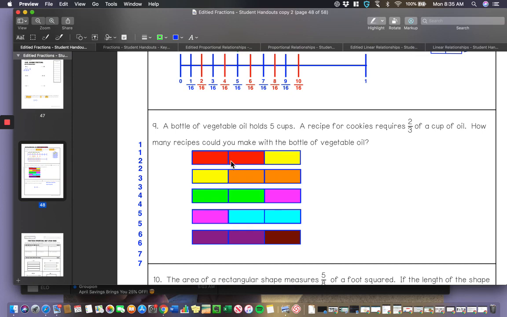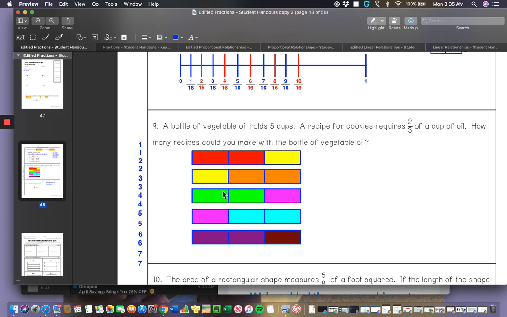So if I had a full amount, each one of these rectangles represents 1 cup. And I have 5 of them. 1, 2, 3, 4, 5. So I can make a rectangle and cut it into thirds, which is the blue lines. I've made a rectangle that represents 1 whole cup. I've cut up my whole into thirds.